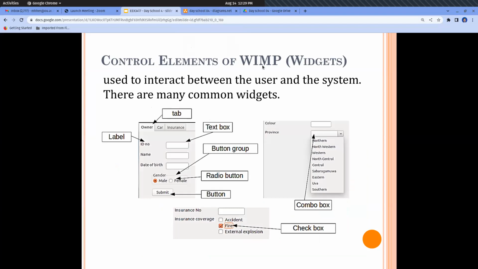Control elements of the GUI are called widgets, used to interact between the user and the system. There are many common widgets: tab, text box, label. This is a label. This is a radio button. This is a combo box. This is a checkbox, like that.